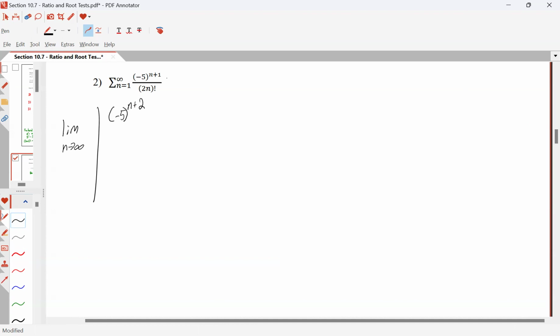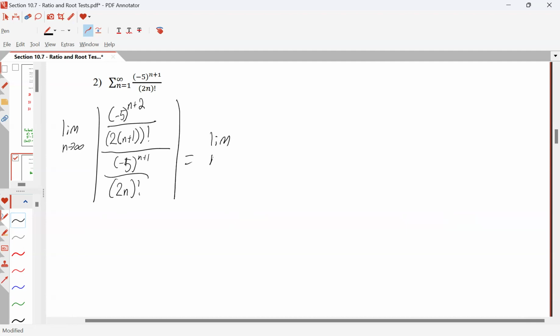So n plus 1 is n plus 2 over 2 times n plus 1. So in parentheses, we have the n plus 1 factorial. And then we divide by the sequence kept the same. So -5 to the n plus 1 over 2n factorial.